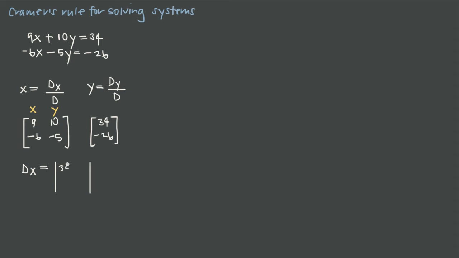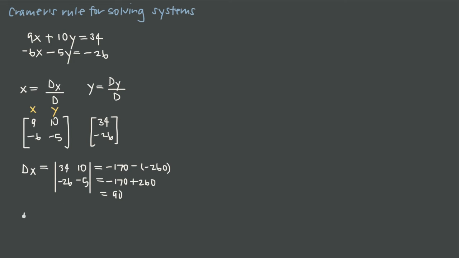So we'll say 34, negative 26 in place of x, since we're calculating the determinant with respect to x, and then 10, negative 5. If we find this value here, we get 34 times a negative 5 is a negative 170, minus 10 times a negative 26 is a negative 260. So we have negative 170 plus 260, or 260 minus 170. That's going to give us 90.